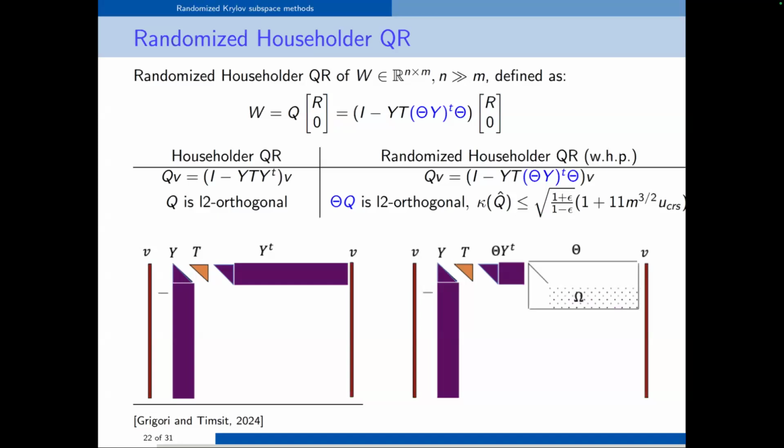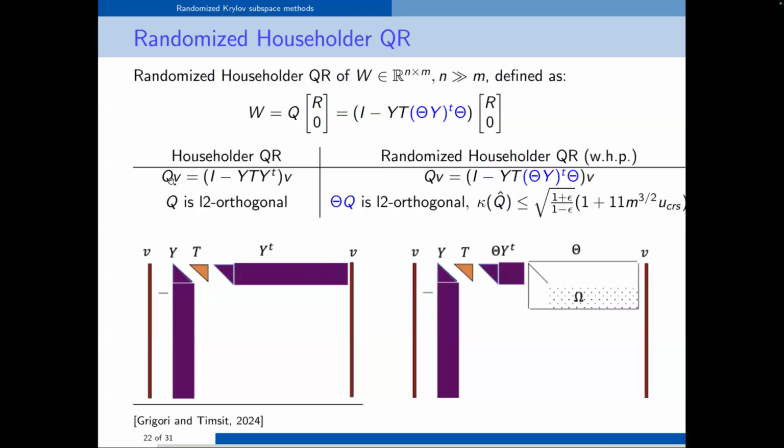What the randomized version does is that it obtains a representation of the orthogonal Q factor. In the Householder QR, the representation of the Q factor depends on the so-called Householder vectors Y, which are represented here, a square matrix T and Y transpose.